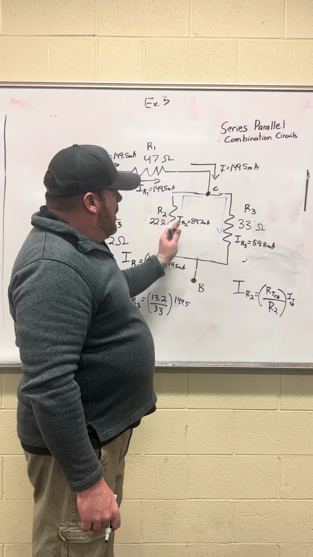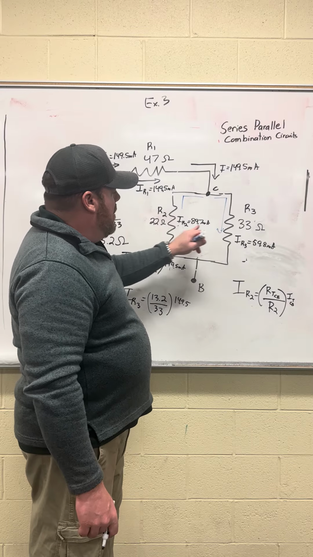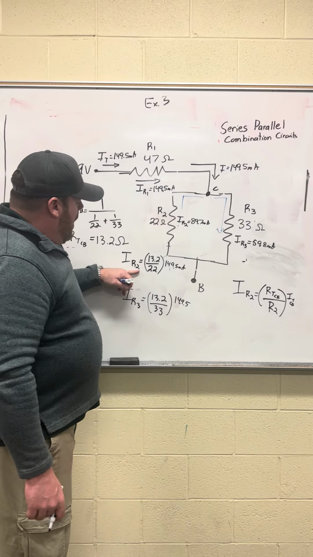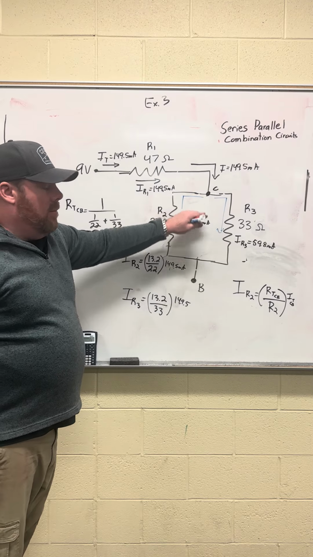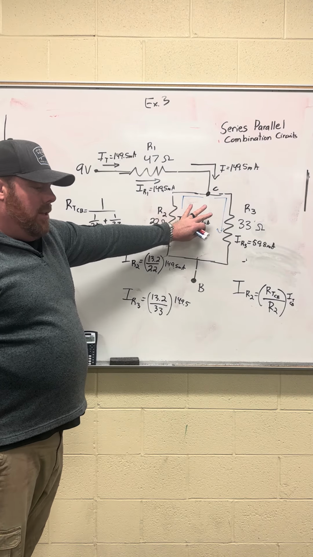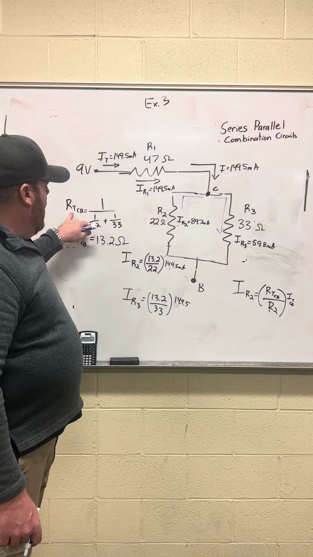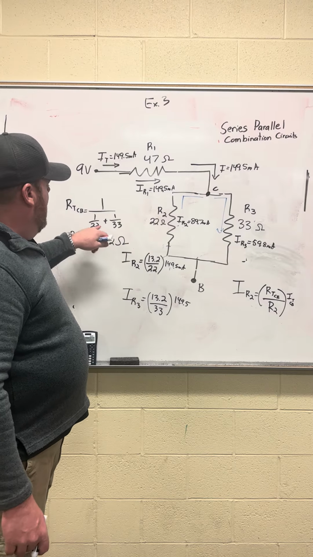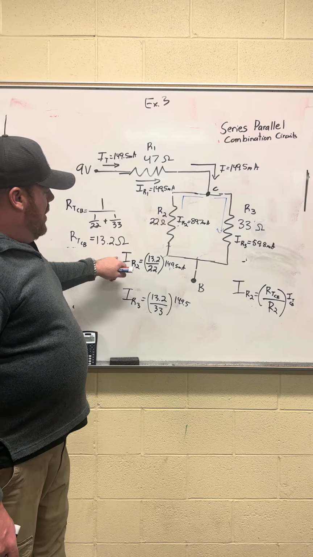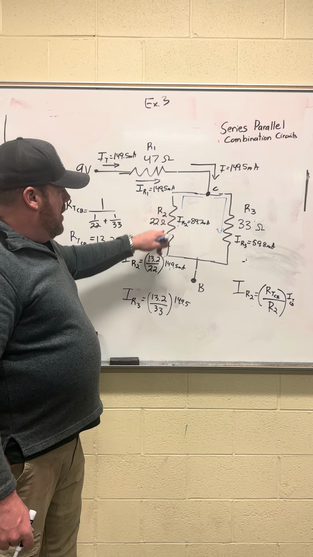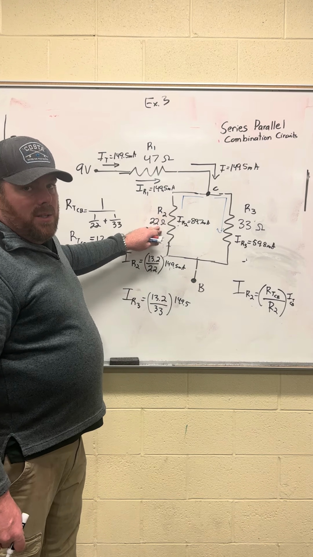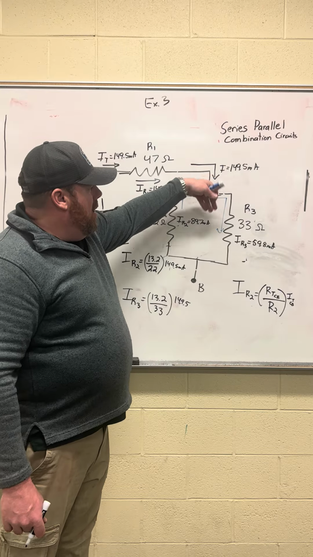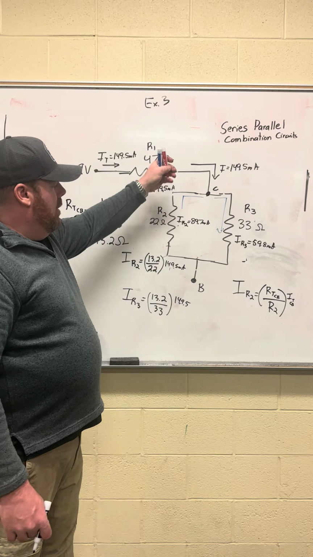It's split across these two because they're in parallel, proportional to the resistance value. And the divider rule says that we take the total resistance between C and B, which was 13.2, divided by the resistor in question, multiplied by the amount of current coming into that node.